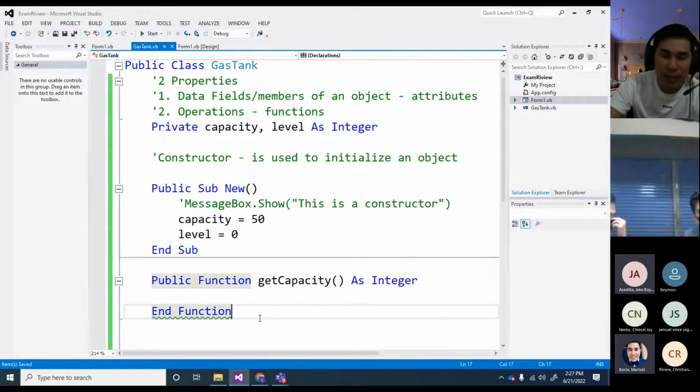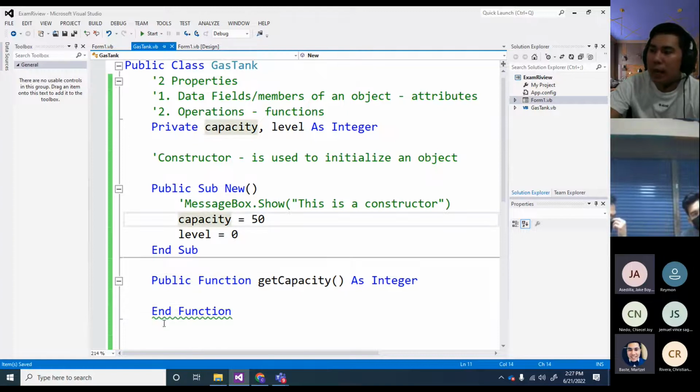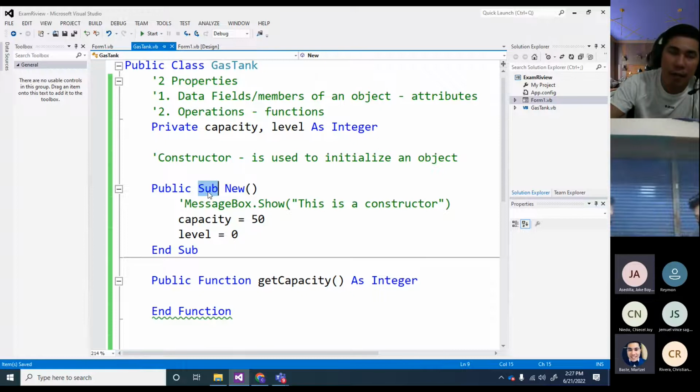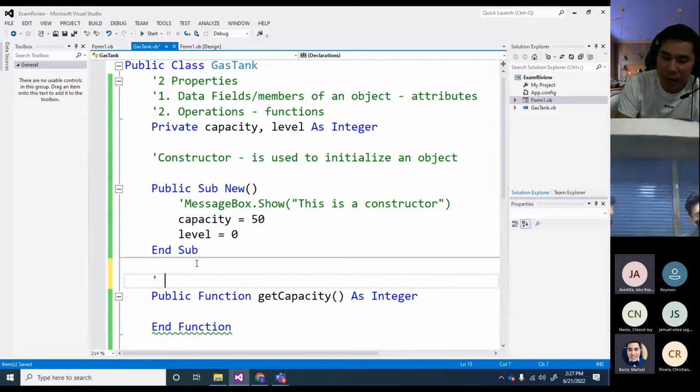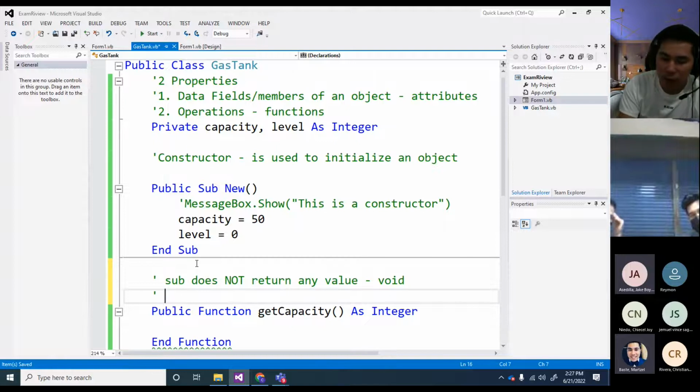So by the way, in Visual .NET, when we talk about sub, it does not return any value. When we talk about function, it returns a value. So again, sub does not return any value, so it's like void in other languages. When we talk about function, it returns a value.